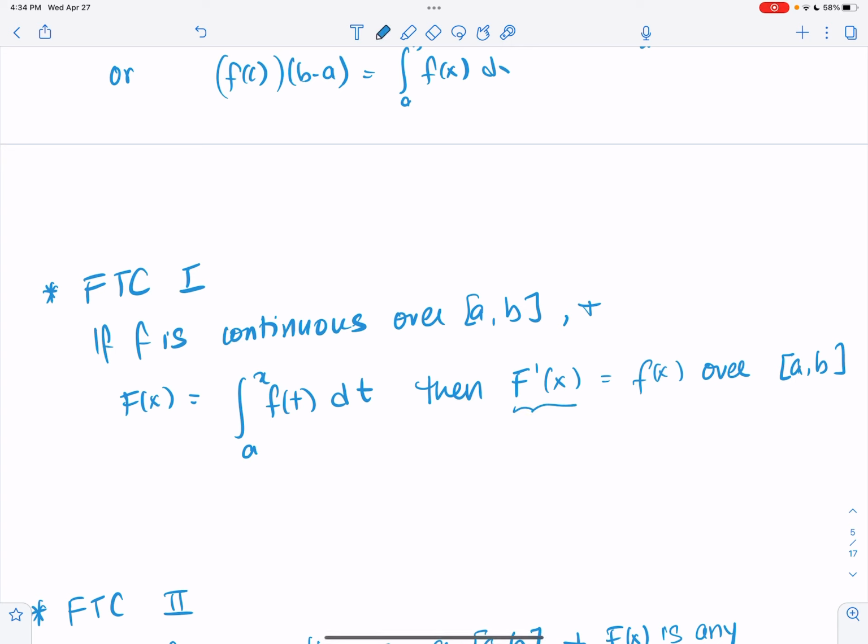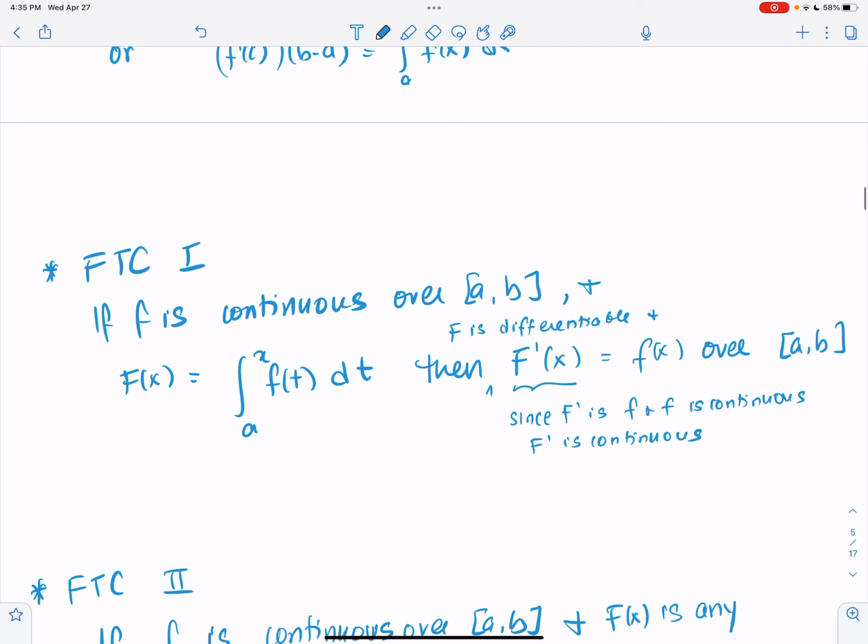Since F prime is f and f is continuous, F prime is continuous. Okay, and I didn't write this, but it's implicit that F is differentiable and F prime is equal to little f of x over a, b.